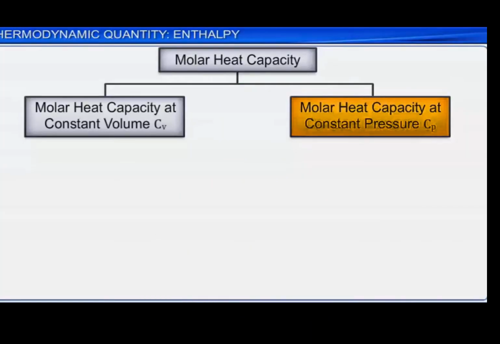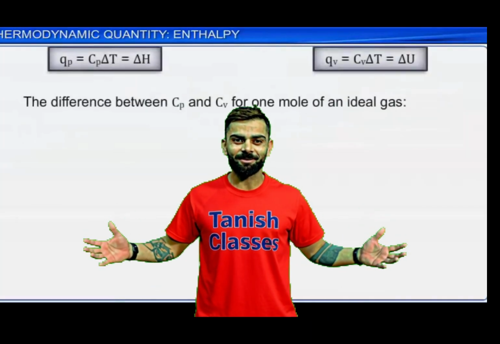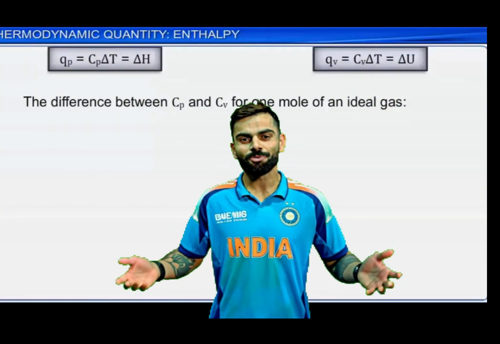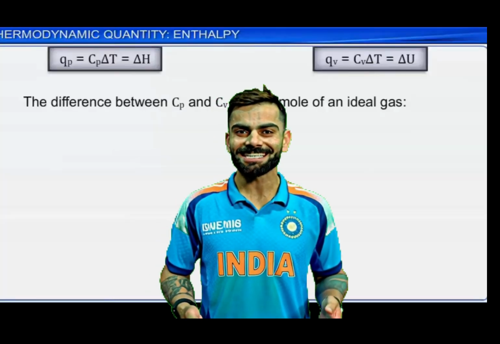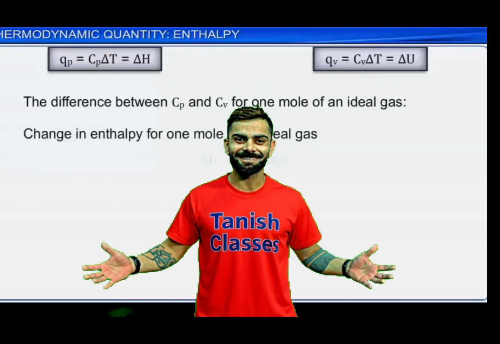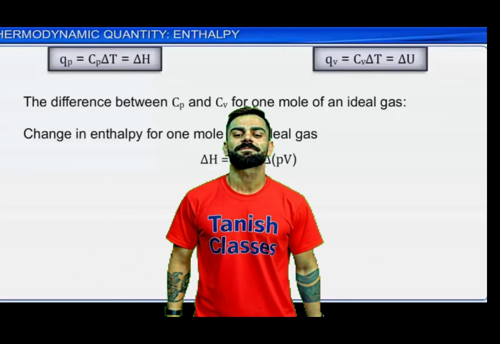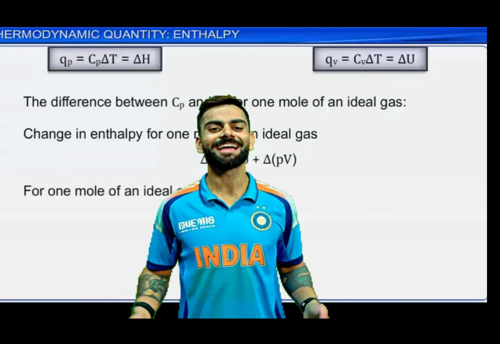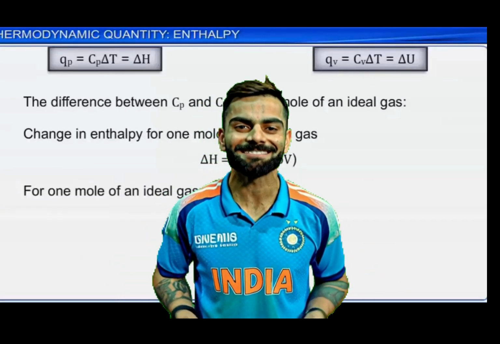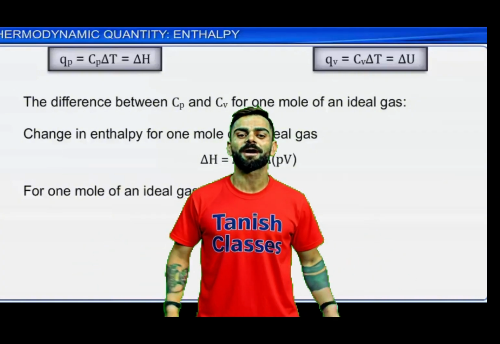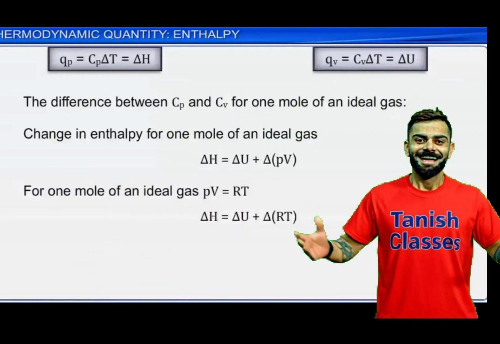The difference between Cp and Cv for 1 mole of an ideal gas can be derived as follows. The change in enthalpy for 1 mole of an ideal gas can be written as delta H equals delta U plus delta PV. For 1 mole of an ideal gas, PV is equal to RT. Hence, delta H equals delta U plus delta RT.